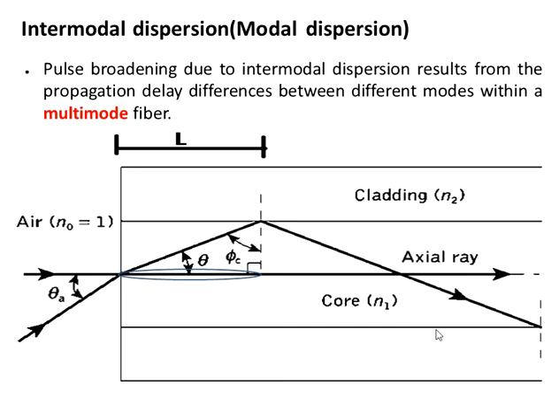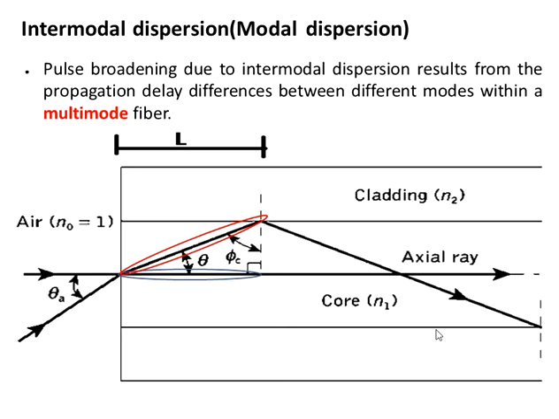We consider another ray which is launched at the maximum acceptance angle theta A. So that is the extreme ray that will travel the maximum distance through the fiber. So we are considering the axial ray and the extreme meridional ray.